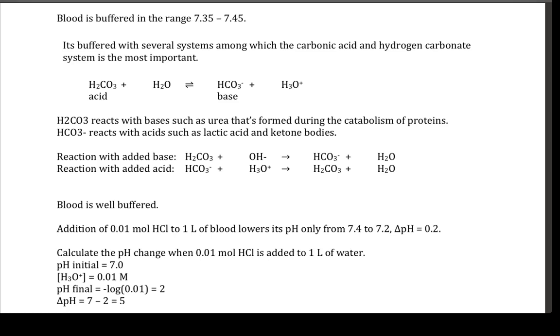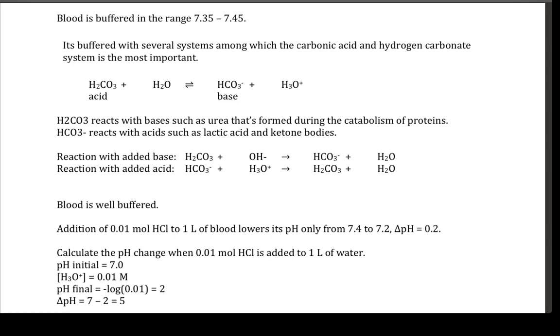Our blood is buffered with several systems, among which the carbonic acid and hydrogen carbonate system is the most important. And that's the buffer we see here, the top reaction, H2CO3 plus H2O in equilibrium with HCO3 minus plus H3O plus, where the acid part of it is the H2CO3, the base part of it is the HCO3 minus.